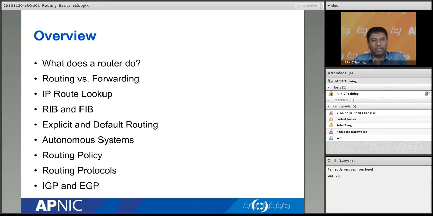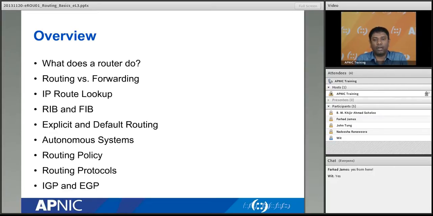Then we'll explain explicit routing and default routing: in some places why we use default routing, and in some places why we should use explicit routing. Then autonomous system, which is the building block of the internet. We'll explain what an autonomous system is on the definition level, and what you need to build an autonomous system.